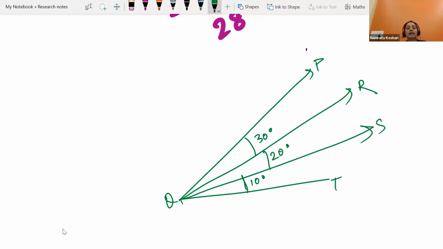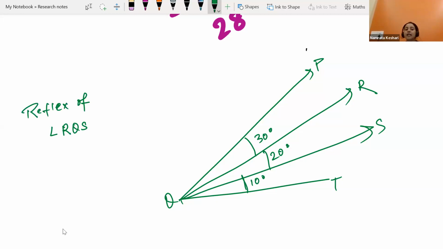Yes, Heather and Safia, you will respond. At first, I'm calling by name. Angle RQS. Yes, Safia. Reflex of angle RQS will be... First, tell me what is angle RQS. Acute angle.